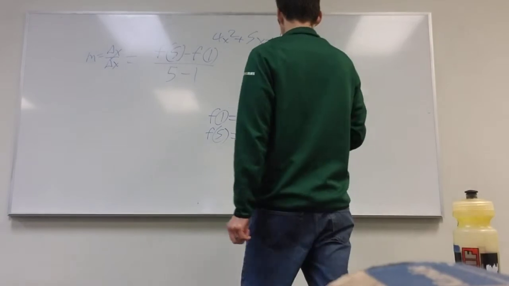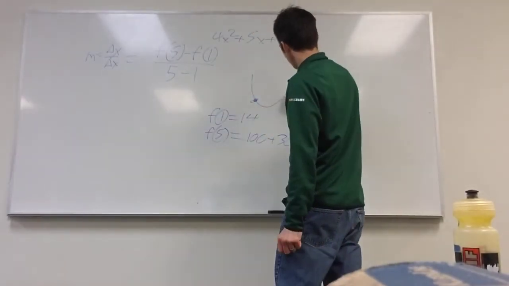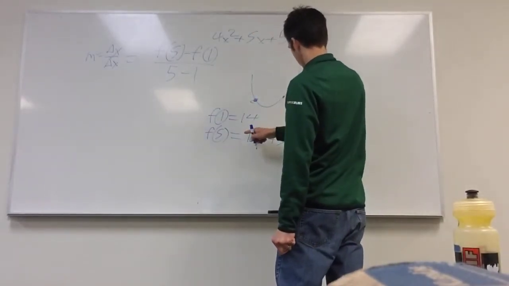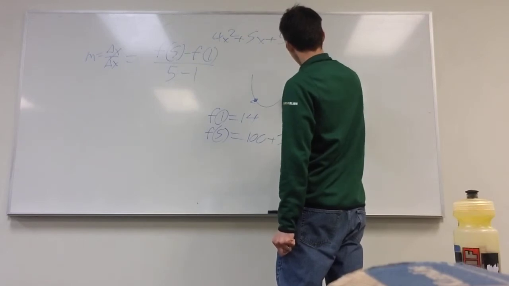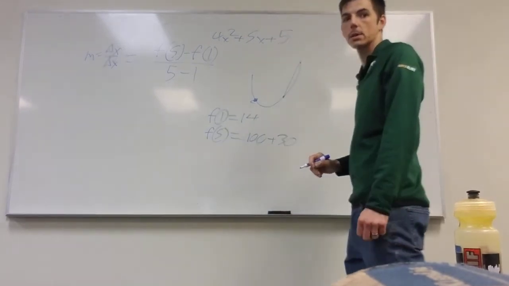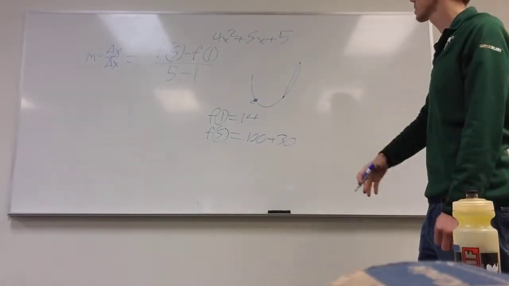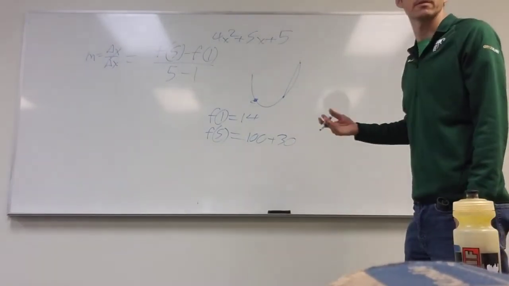Okay, so 130. So f of 1 is 1 comma 14, and then f of 5 is way up here, and I'm looking at the slope between those two points, which is the change in y over change in x, y being f of the x value, right?